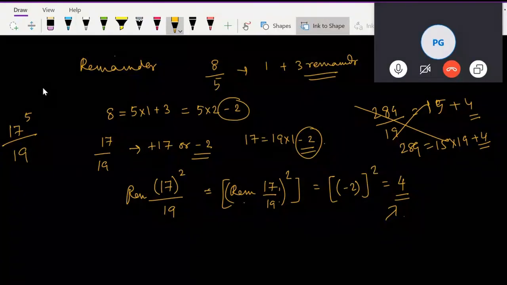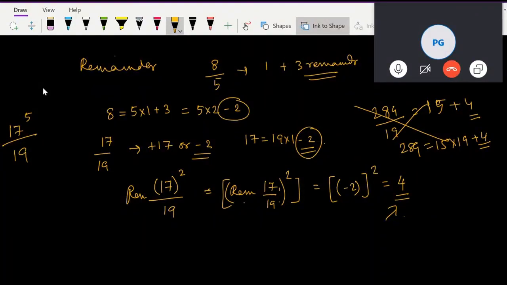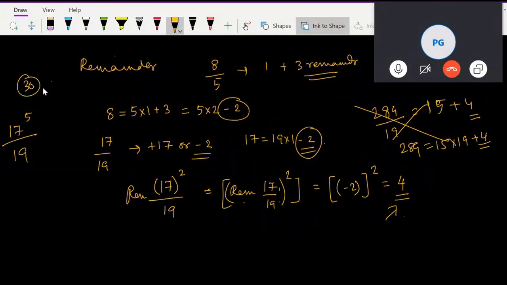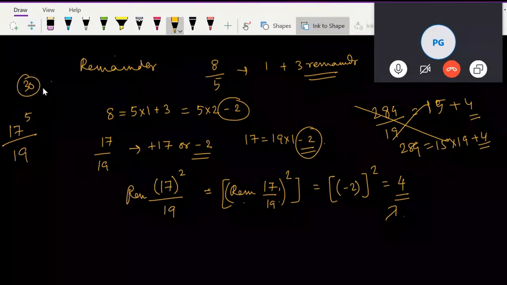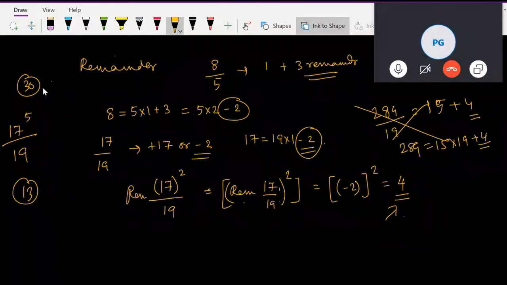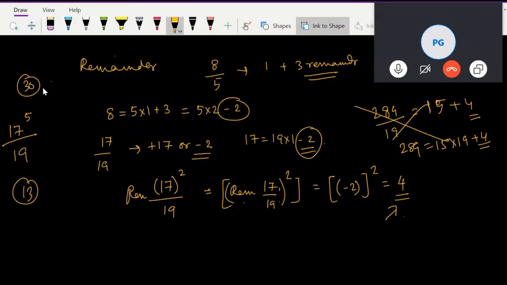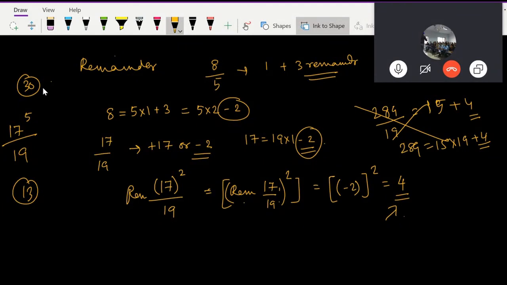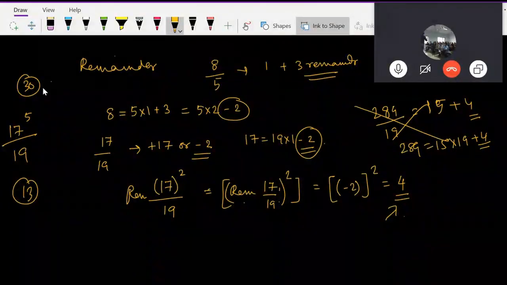What is the remainder when 17 to the power 5 is divided by 19? Sir, is it 13? 13, sir. Okay. Let's see. Anyone else? Okay. It is not 13.